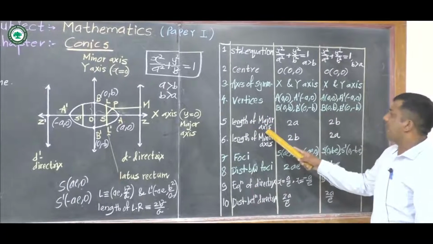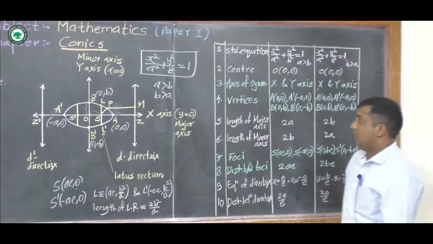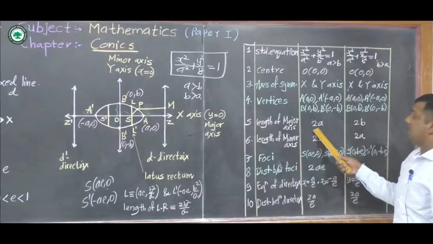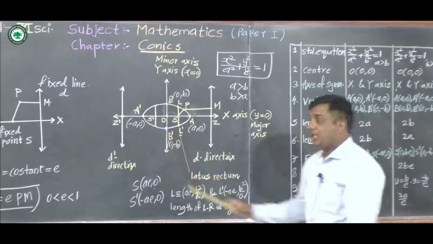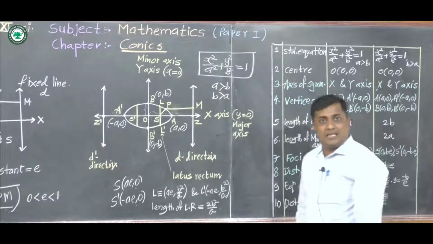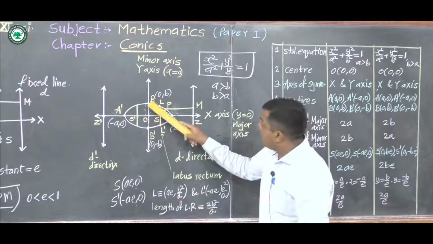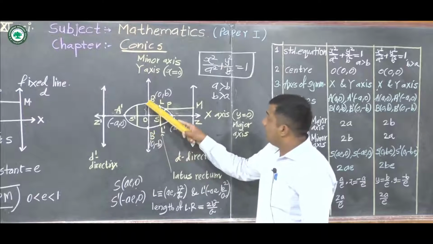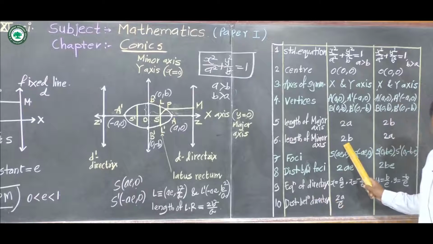Then the length of the major axis is 2a, that is, the distance between A and A dash. Then the length of the minor axis: the points on the minor axis are B and B dash, so the distance between B and B dash is 2b.